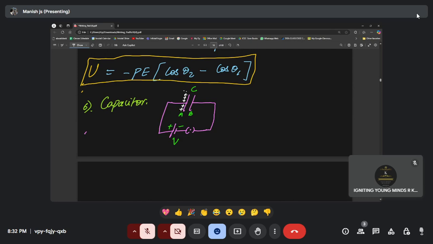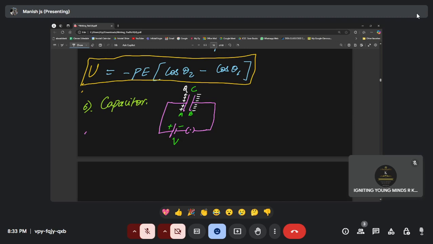Similarly, plate B will become negatively charged as it is connected to the negative terminal of the cell or battery. So a charge Q is developed, equal and opposite on both plates.